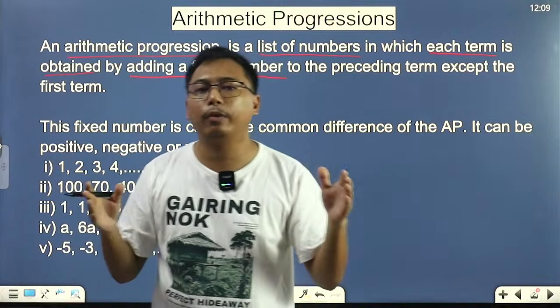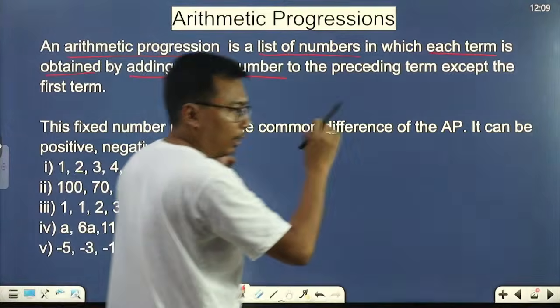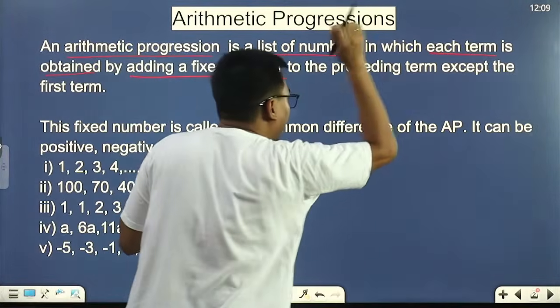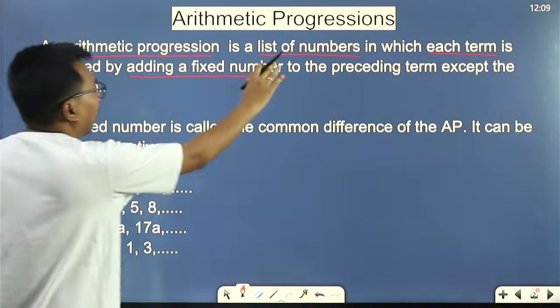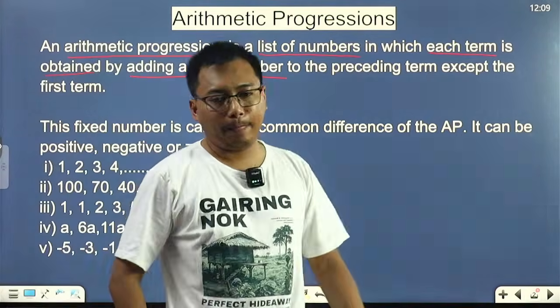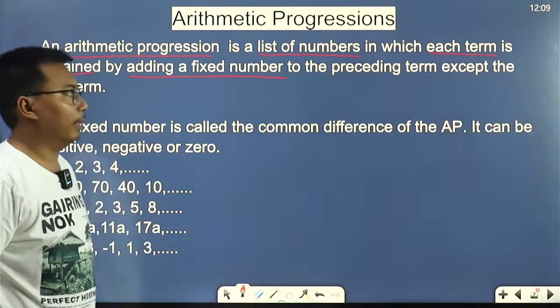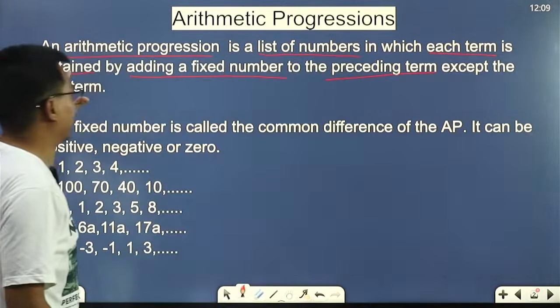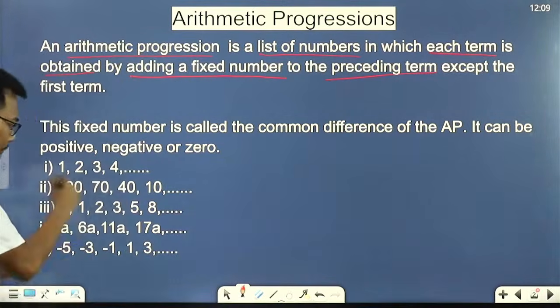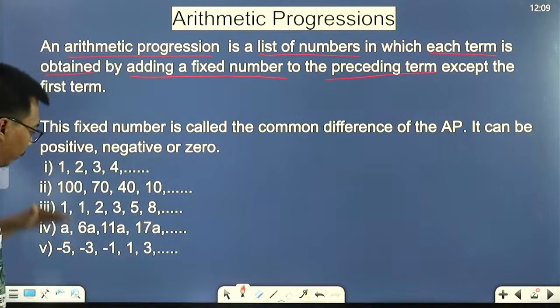Now, what kind of sequence of numbers? How do we obtain those numbers? We obtain each term by adding a fixed number to the preceding term, except the first term. Here I've given you 5 examples, which we will discuss.